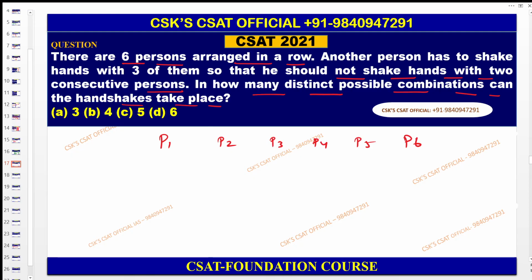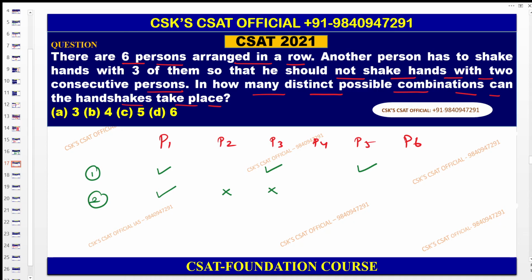Now, try to understand. First case we will do here. Suppose if I am handshaking with P1, then I have to do here, then I have to do here. This is first case. Second case. Suppose if I am doing the handshake with the first here, 2 consecutive only, right? So now I am not going to do a handshake with P2 and P3.